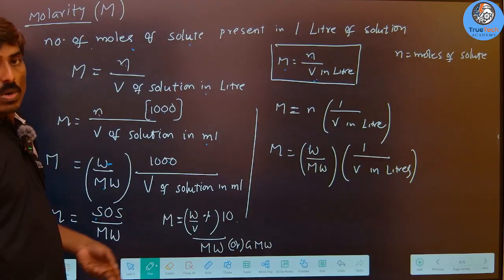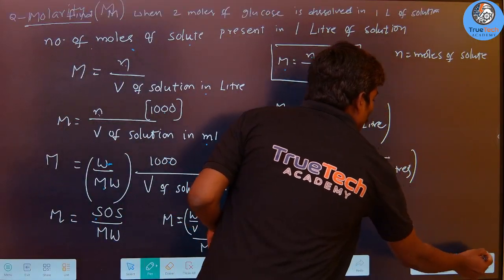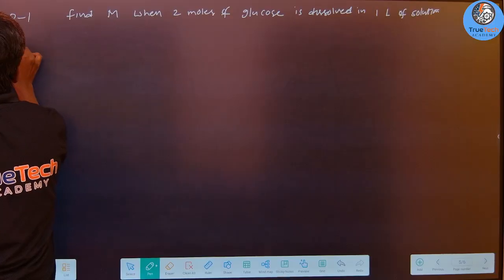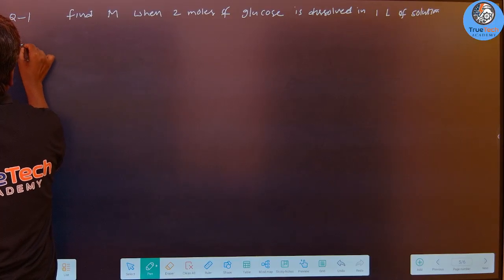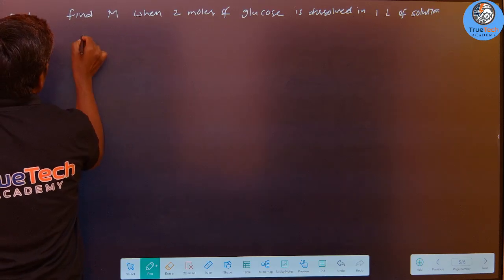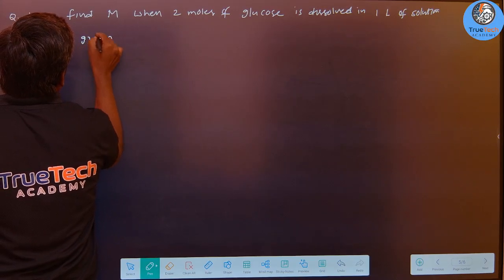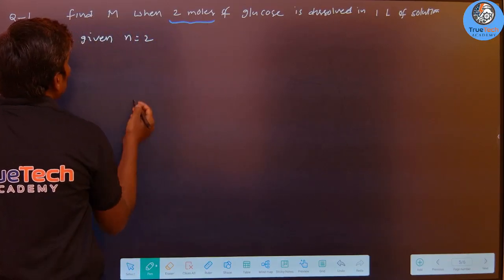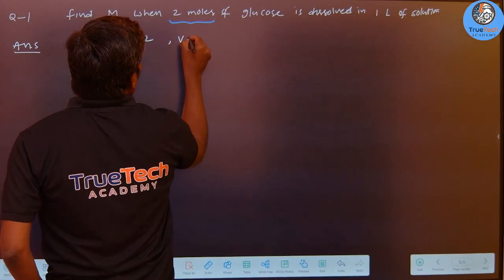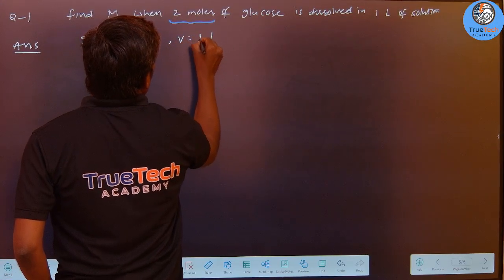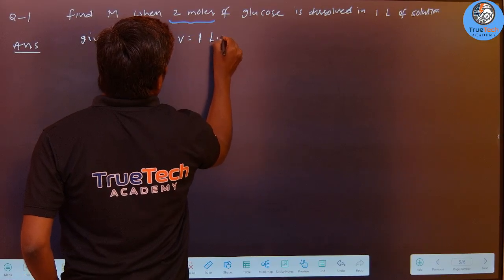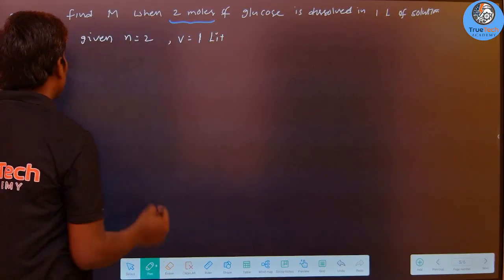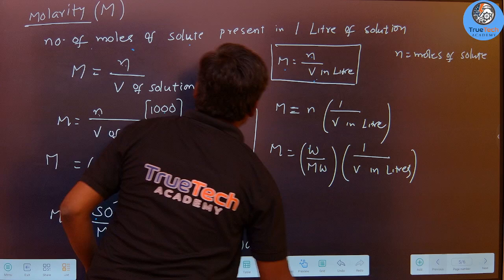So from the different formulas, what information is given? Question 1, answer. Given: n equals 2 moles, and volume equals 1 liter. Now, what is the molarity formula?